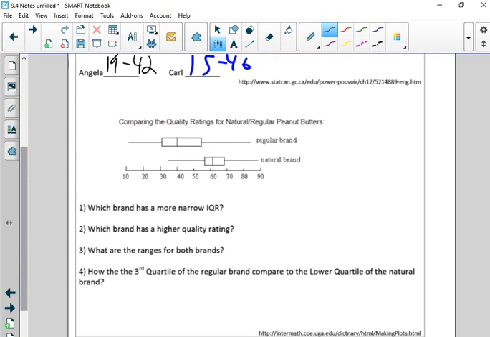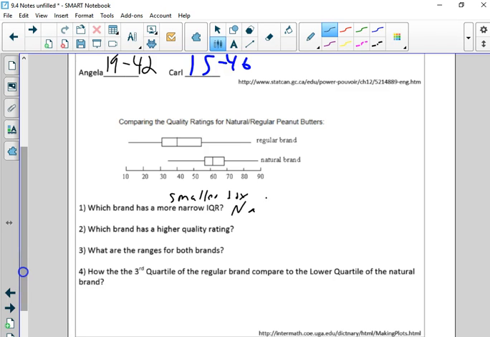Okay, again, we have two box and whisker plots. You can see the general brand is higher overall for Q1 through Q3. The regular brand is lower. Okay, which brand has a more narrow IQR? In other words, a smaller box. So this means a smaller box.